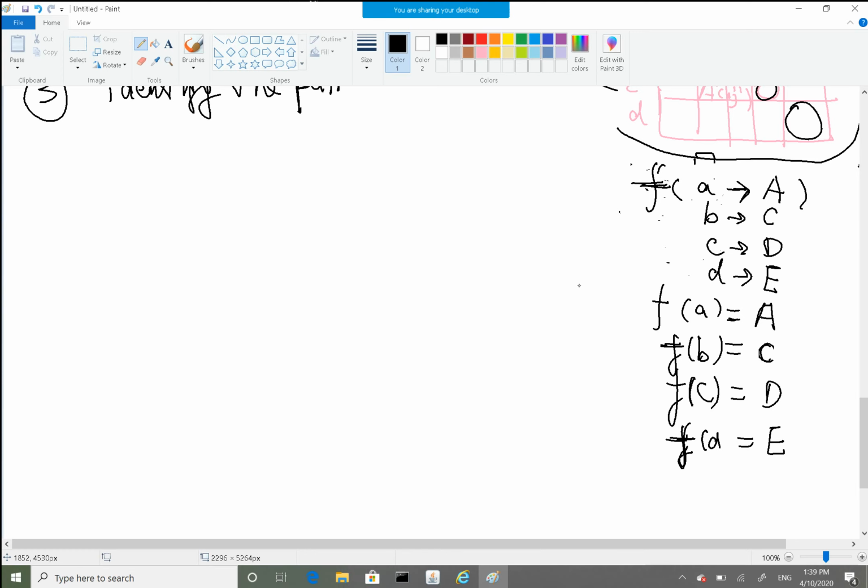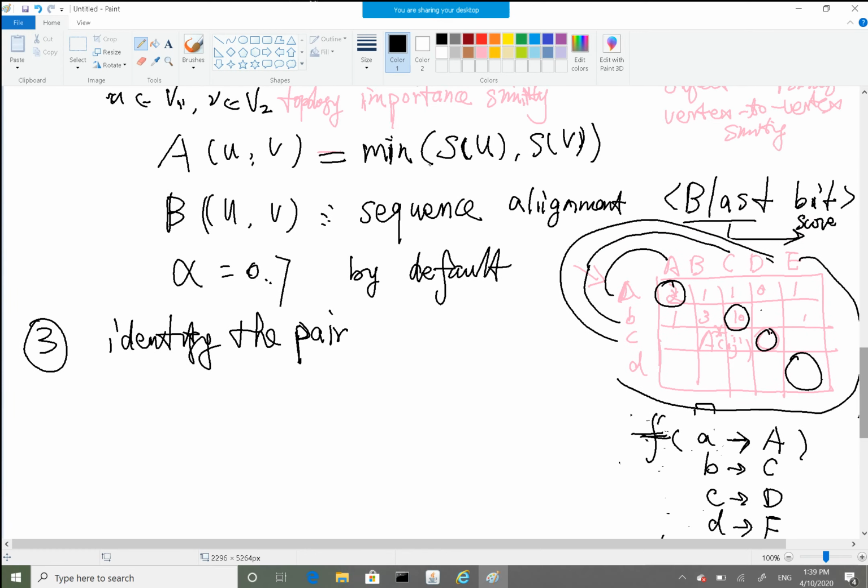Finally, they need to make this decision based on this matrix, corresponding to identifying the pair of nodes with the highest alignment score.